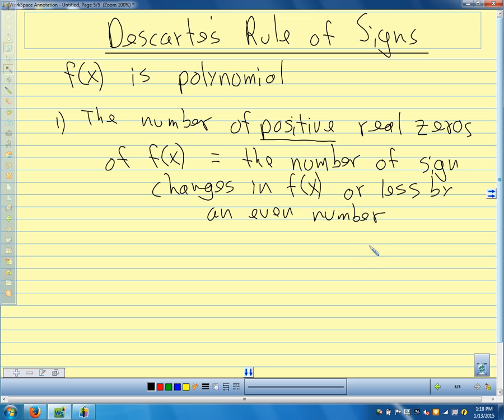And we'll talk about what we mean by the sign changes in just a second. It's really easy. It sounds complicated. Descartes' rule of signs is extremely easy.